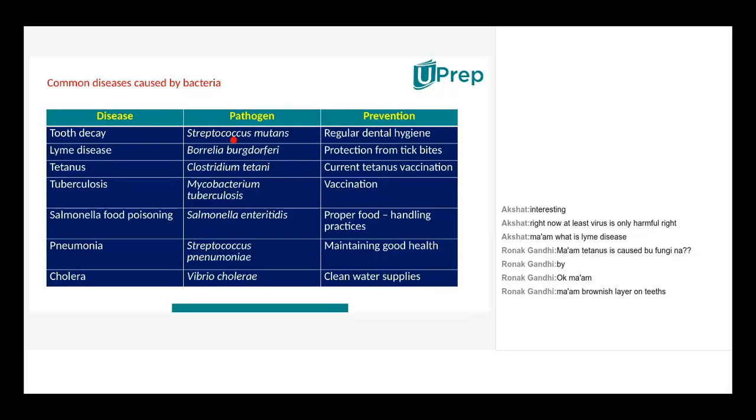Pneumonia is caused by Streptococcus bacteria only, but another species by name pneumoniae. So every pathogenic organism has two words: the first word is the actual bacteria name, and the second word designates the species name. Streptococcus mutans causes tooth decay, whereas Streptococcus pneumoniae causes pneumonia.